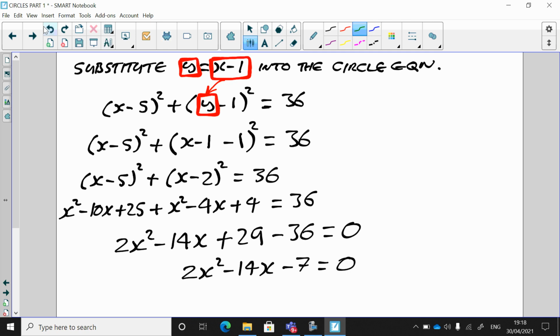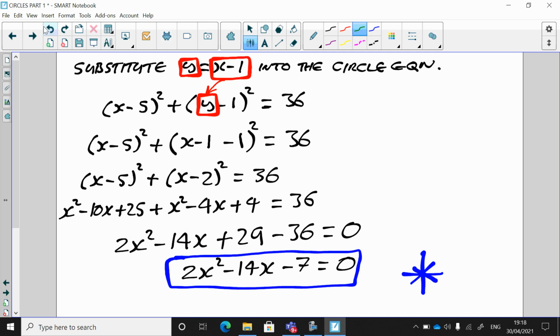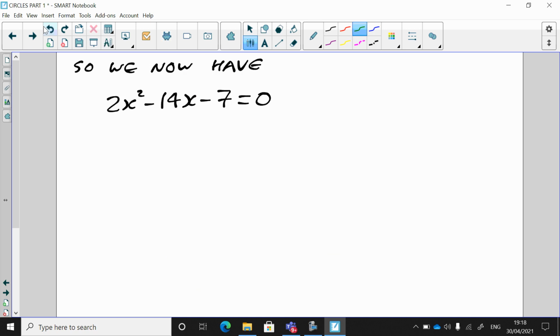The question was, are there any points of contact? They're not actually asking for the specific points of contact, so I can use another method. Okay, so I've got a quadratic equation there. That's fine. So here we go.